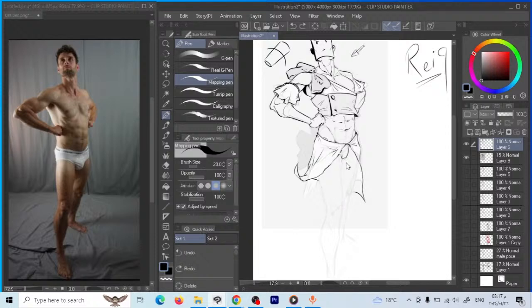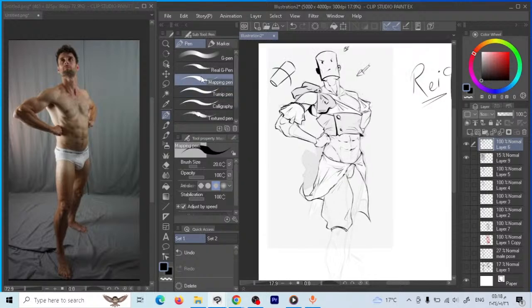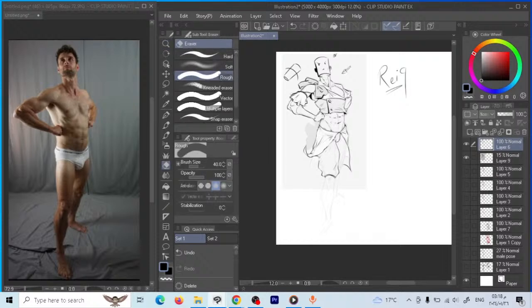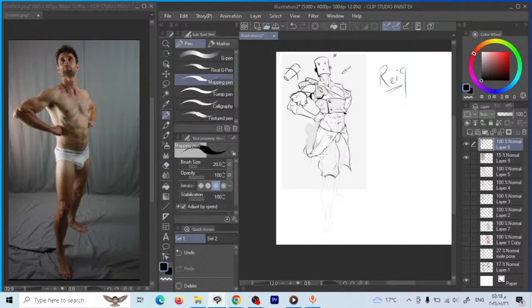I don't know, let's give him some baggy pants or something. Why does it look so weird? Maybe for this part, I guess so.